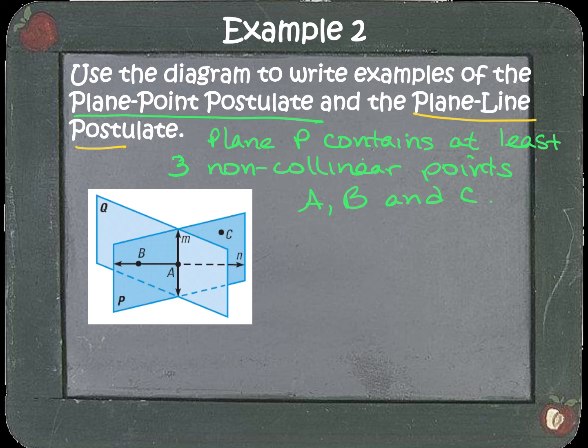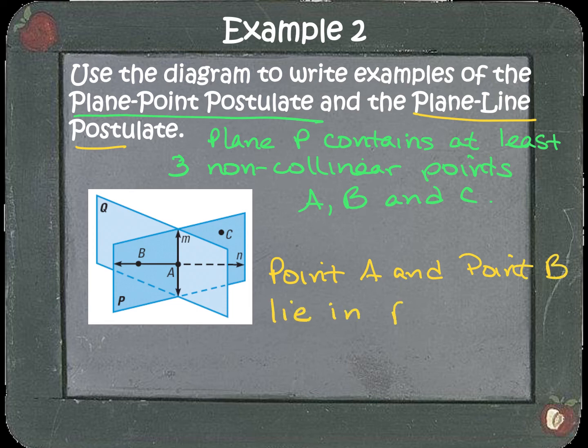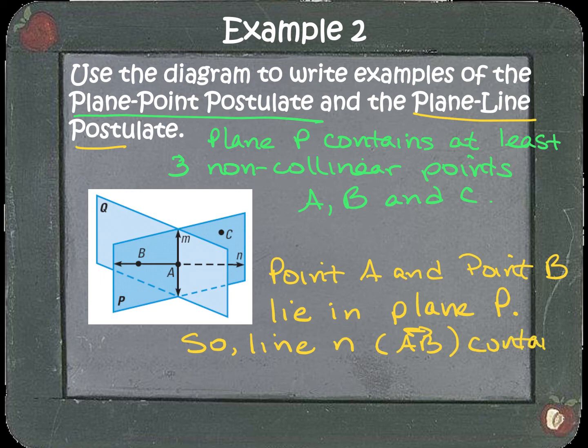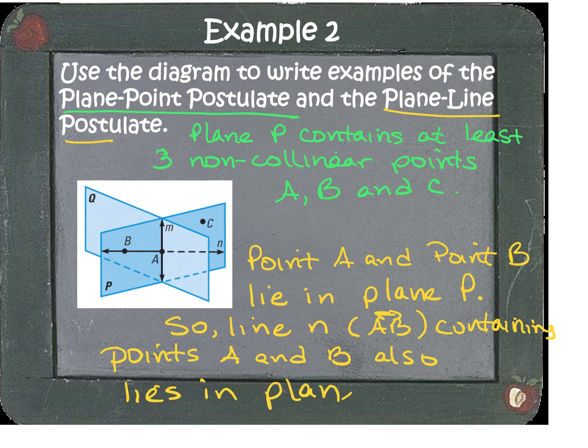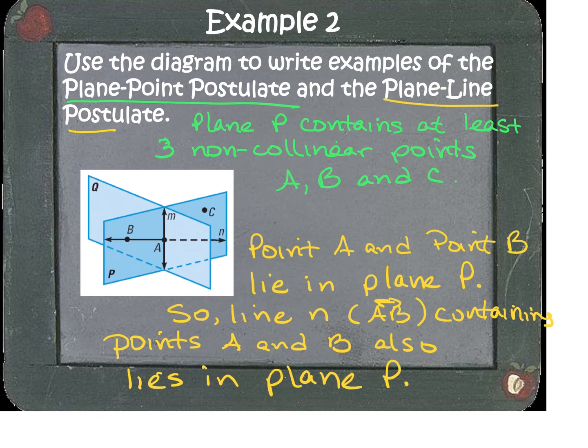So based on the picture, I could say point A and point B lie in plane P. So line N, and you could also call it line AB, containing points A and B, also lies in plane P. So if the 2 points are in the plane, so is the line that contains those points. It will also be in the plane.